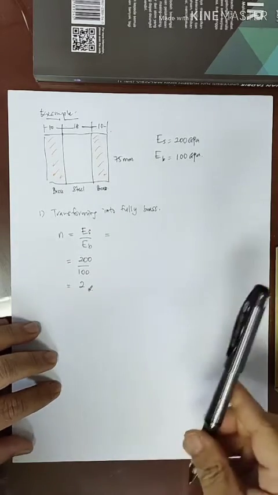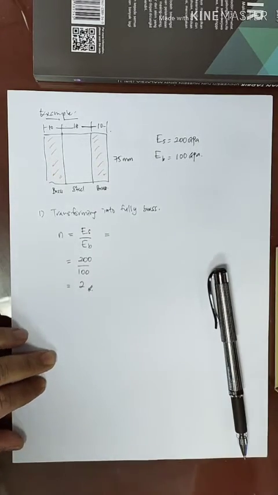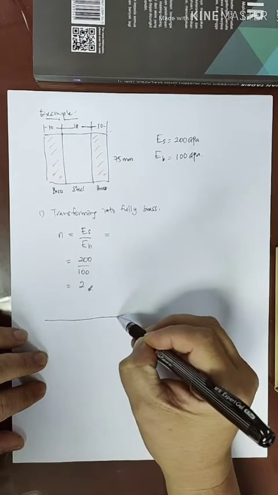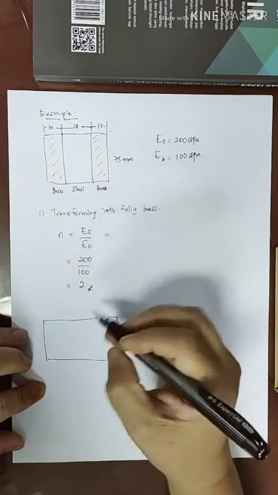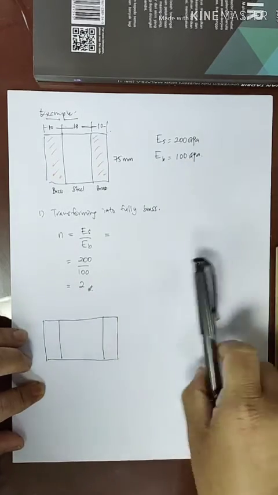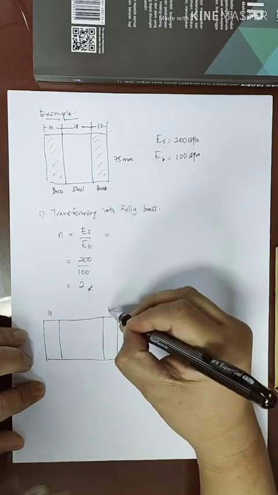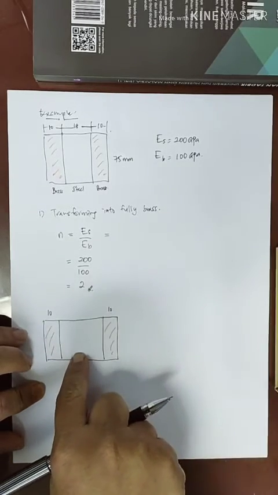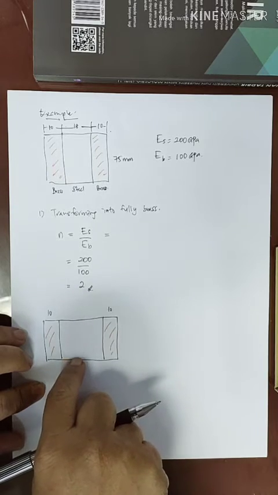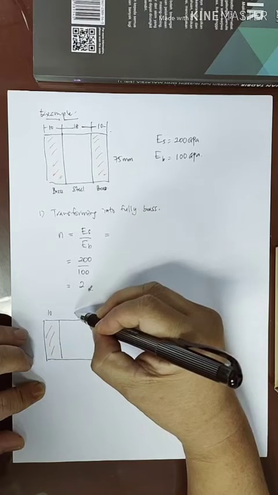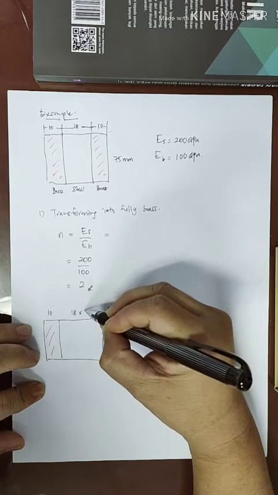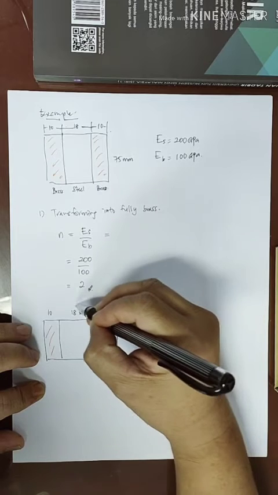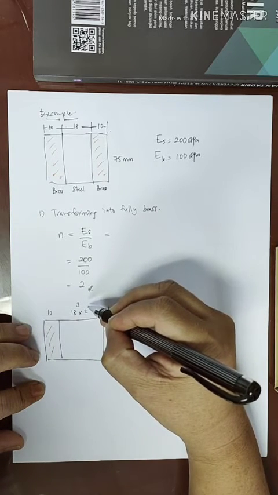What is the meaning of 2 times? This is the original brass, but the steel is converted from steel into brass by multiplying the original length by the ratio, which is about 36 mm.